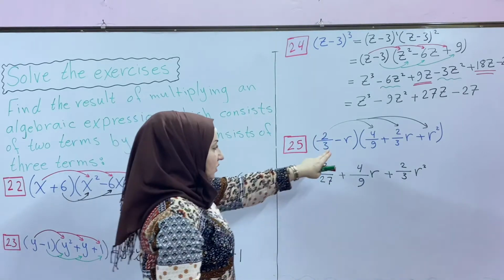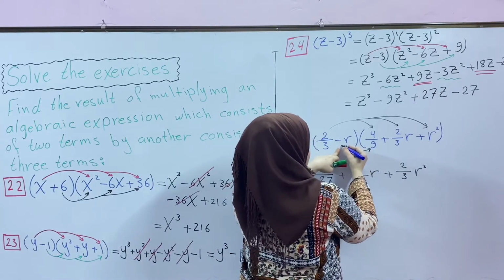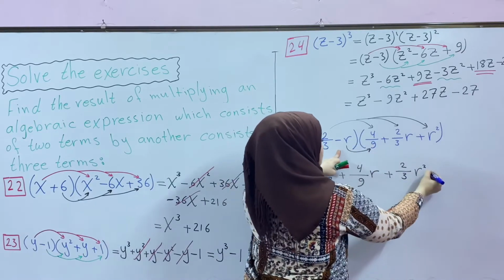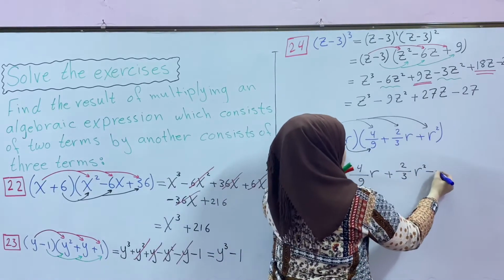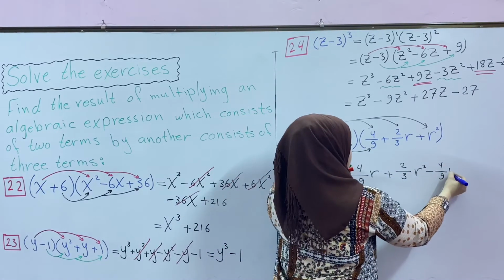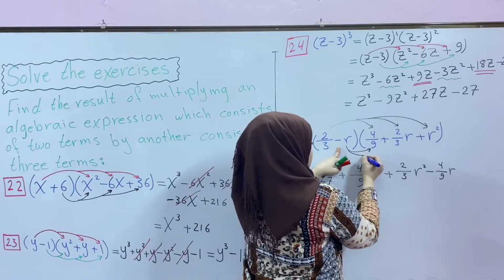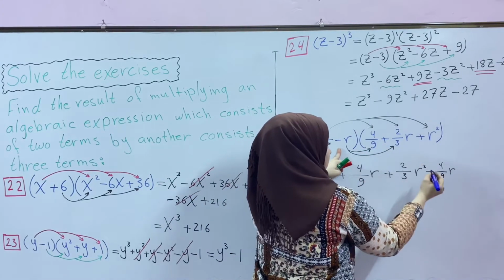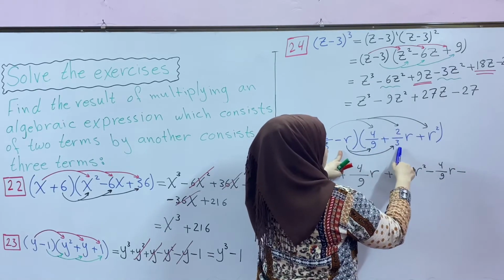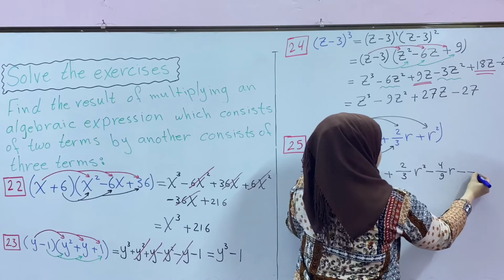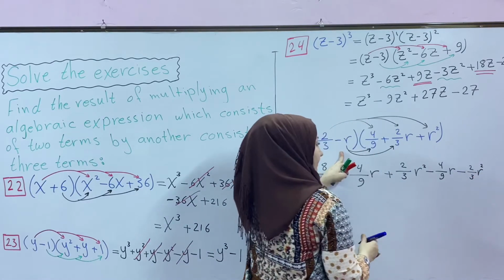And now we will go to the second term. Also we will multiply it. Negative multiplied by positive, negative. r multiplied by 4 on 9, it will be 4 on 9 r. Negative multiplied by positive, negative. r multiplied by 2 on 3 r, it will be 2 on 3 r squared.